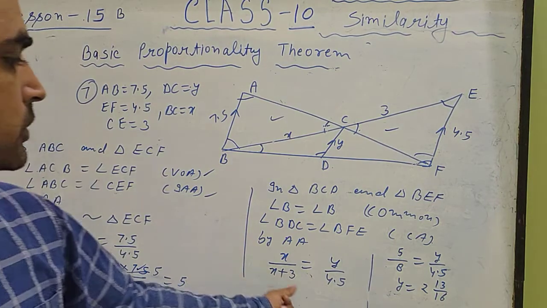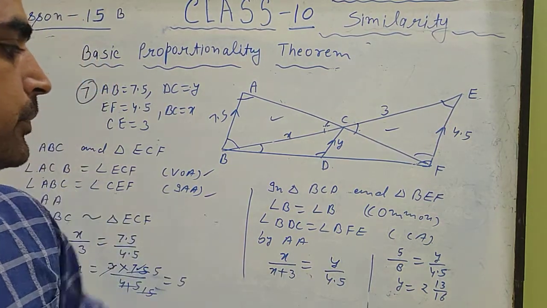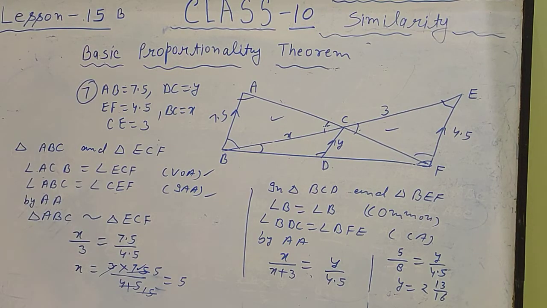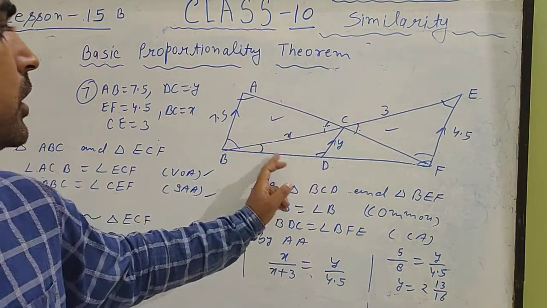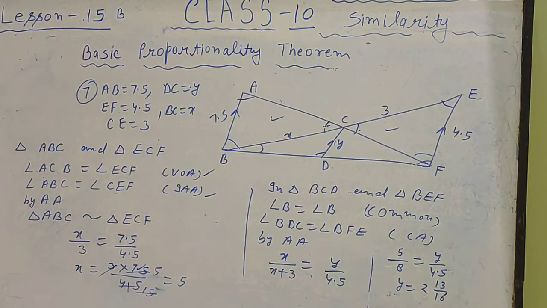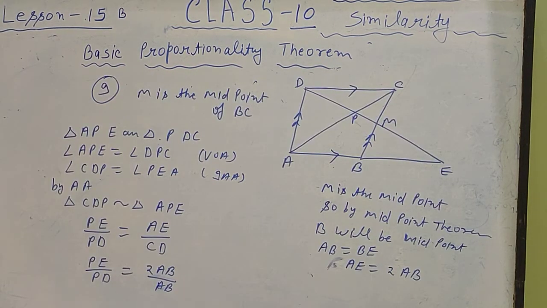So we get y is equal to 2 whole 13 upon 16. So first we take two triangles and then we take this triangle and this triangle.